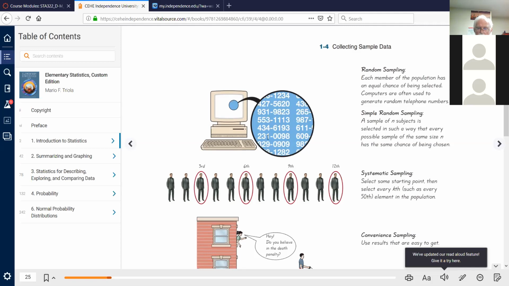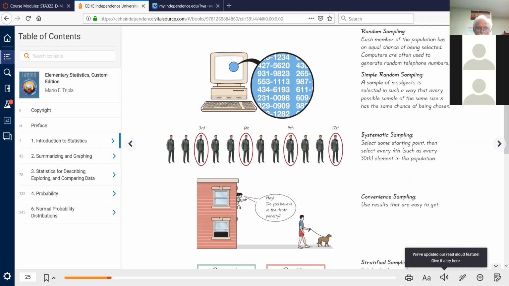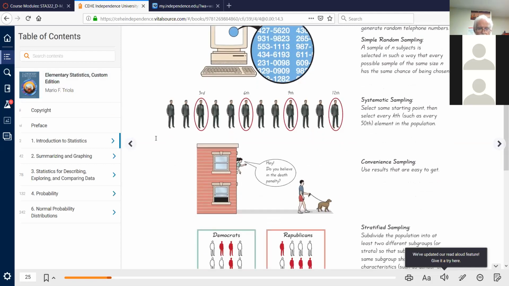Then we have systematic sampling, sometimes called the mathematician's way, choosing every third person from some starting point, or every 50th or whatever. This is done a lot of times in quality assurance and quality control procedures where you're producing material.